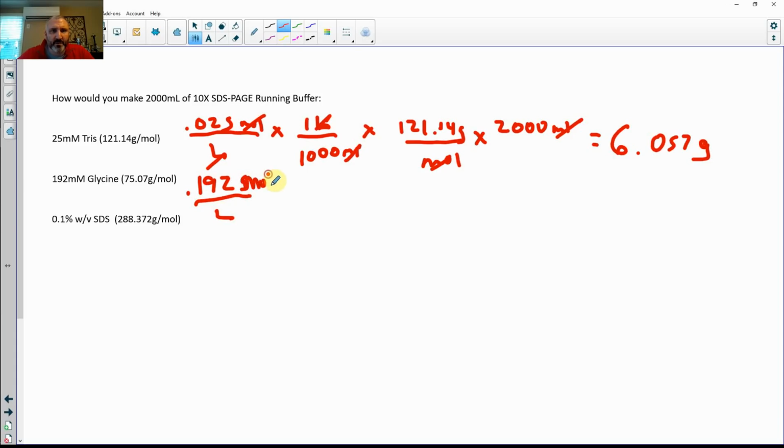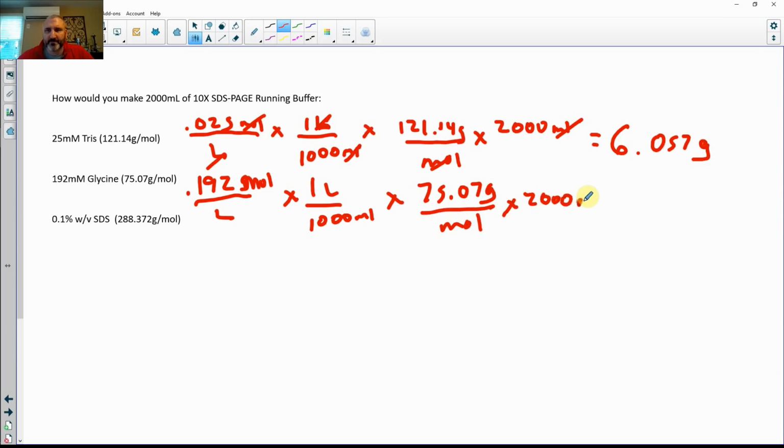Moles per liter times 1 liter over 1,000 mLs times the molar mass, 75.07 grams per mole, times the 2,000 mLs. Moles will cancel, liters will cancel, mLs will cancel, and we're left with grams.